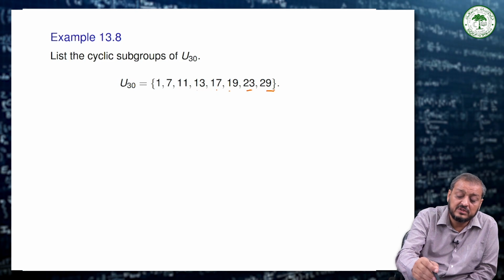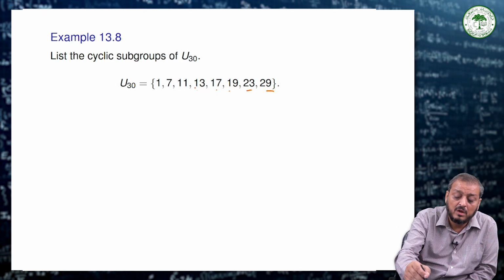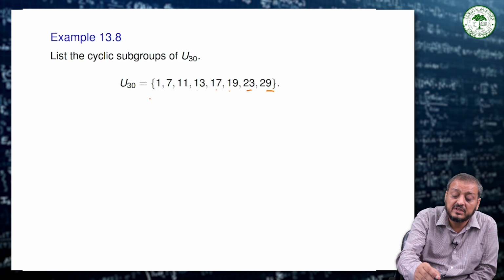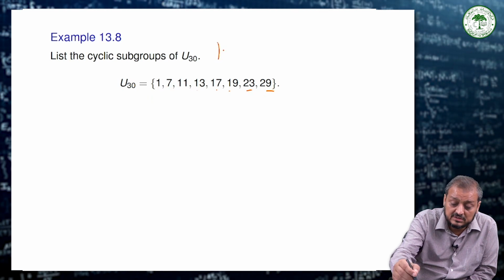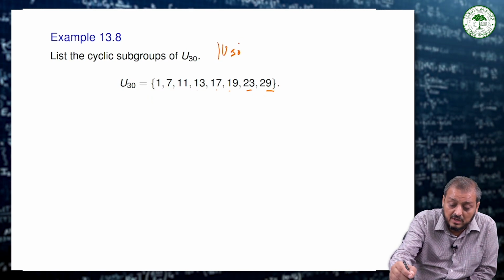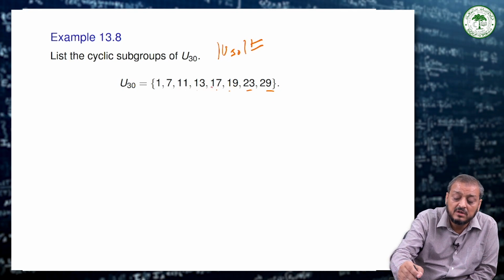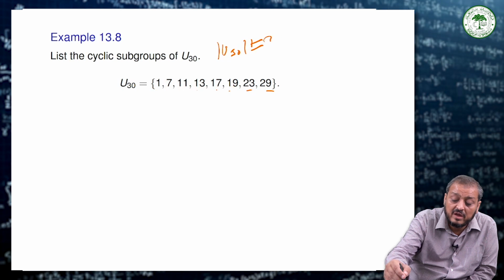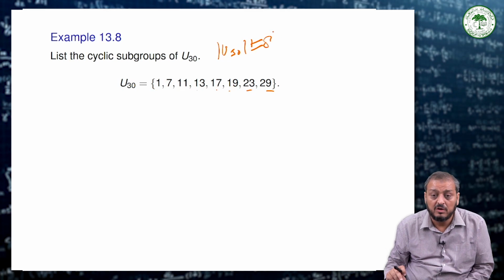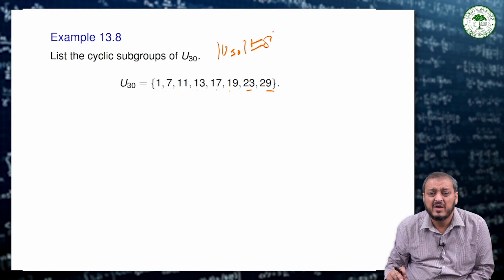So the size of U30 is equal to the number of elements in this set, which is 8.